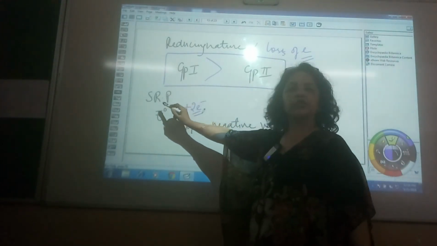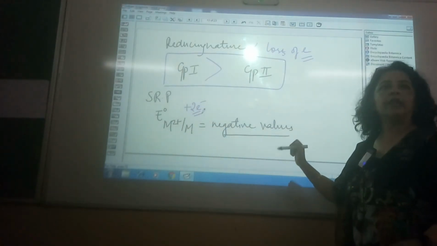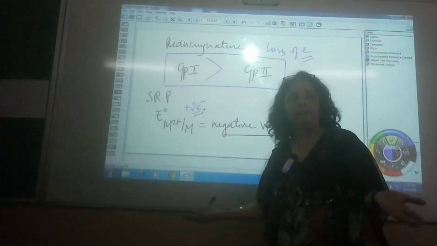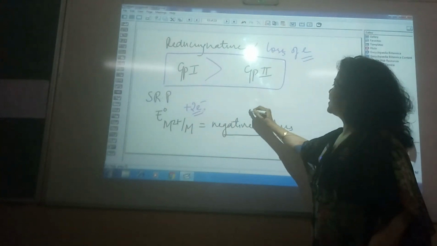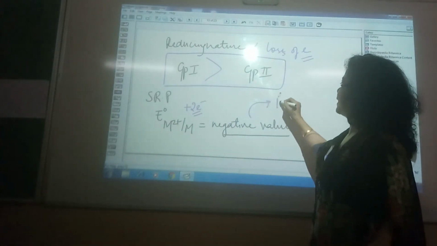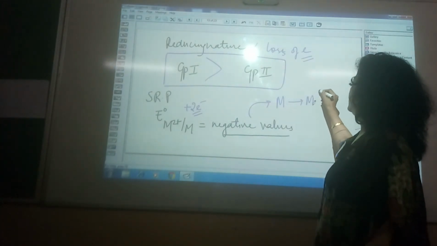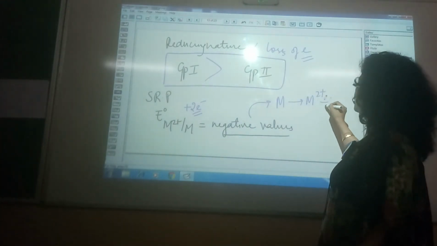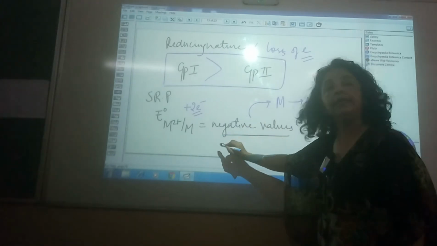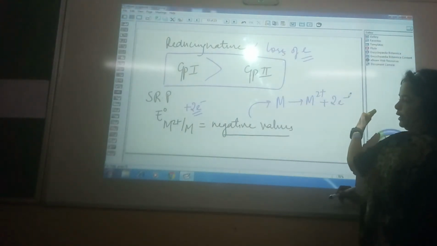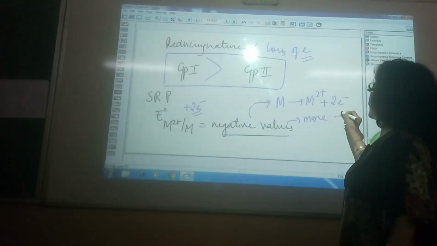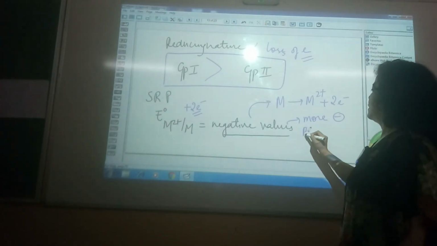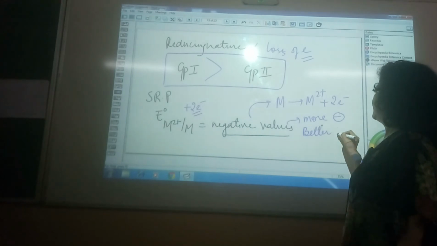Whenever standard reduction potential is a negative value, it means the process is not happening. The direction of the process has to be reversed. This negative value indicates that the metal will prefer to go to M2+. Hence, it would lose electrons. The more negative, the easier the loss of electrons. If it is more negative in value, it is a better reducing agent.